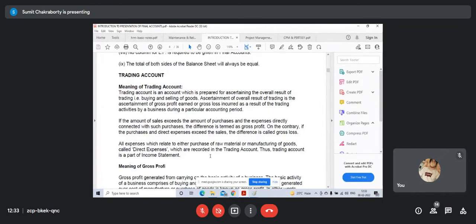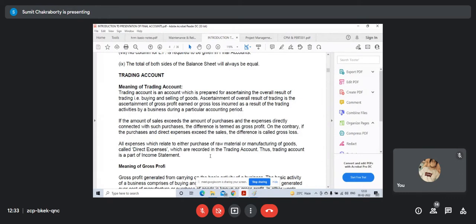And that's how the trading account came into the picture. But nowadays, with the increasing size of the factory, the direct manufacturing cost is also included in the trading account.